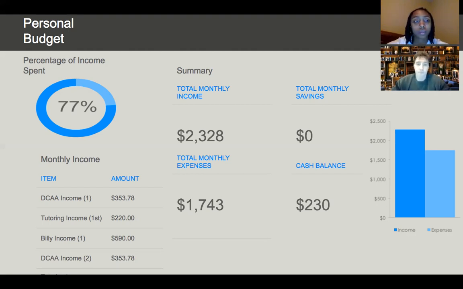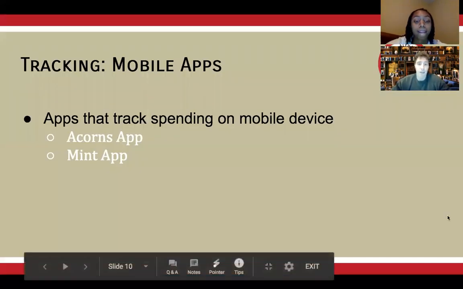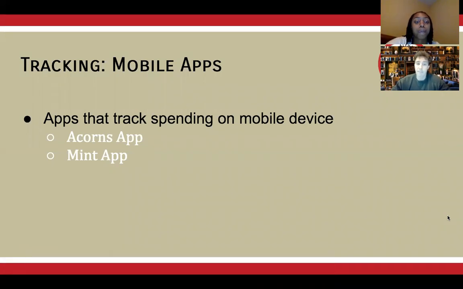Moving on, now with the digital age, you have a lot of websites and mobile apps that can help you track this. You can link your bank account straight to these mobile apps, and they're very safe. They link through to your checking, your savings account, your debit, your credit cards, even your investments.